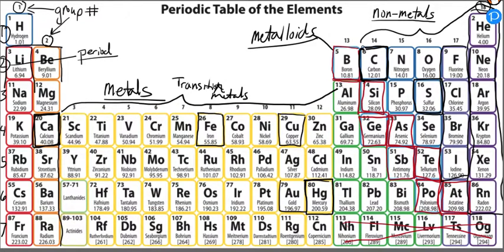The rest of these, this little section here, carbon, nitrogen, oxygen, sulfur, selenium, phosphorus, there's no special name for those. Those would just be other nonmetals, essentially. So we've got noble gases, we've got halogens, we've got other nonmetals, which is just this little group of elements here.